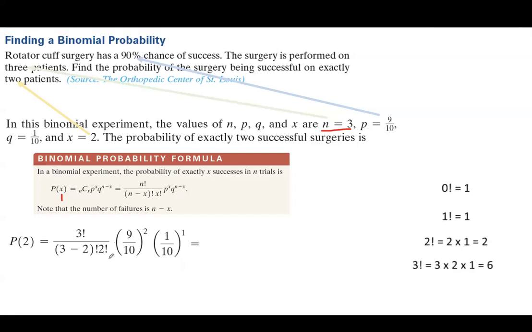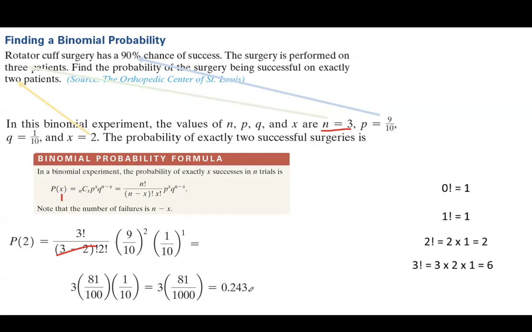If you do the computation using what you learned before, 1 factorial is 1, so this part is just 1. 3 factorial is 6, 2 factorial is 2. Punch these numbers into the calculator and you get 3 times 81 divided by 100, times 1 divided by 10, which is 3 times 81 over 1,000, or about 24.3%.